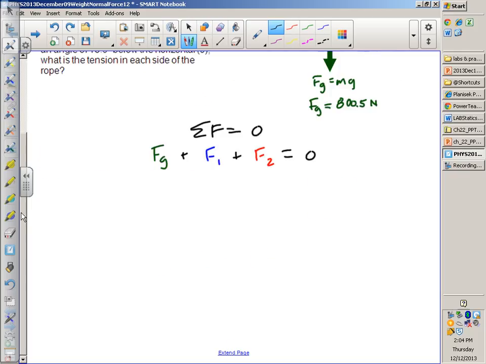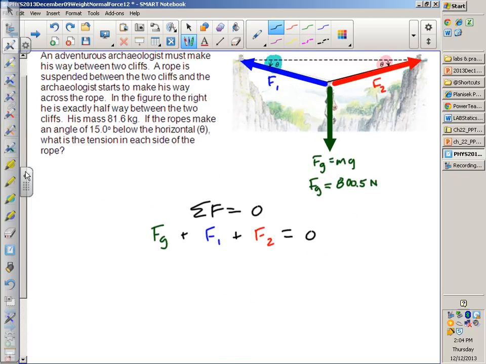Now, we just talked about the idea that F1 and F2 are going to be the same amount. If we know F of G, can we just split F of G in half and call F1 half of it and F2 the other half of it? No. It'd be so easy if we could, right? But F1 and F2 are not directly opposite F of G, so we can't do that.